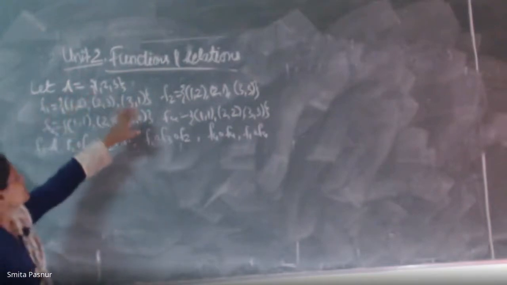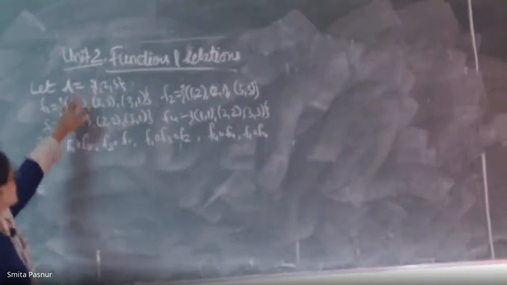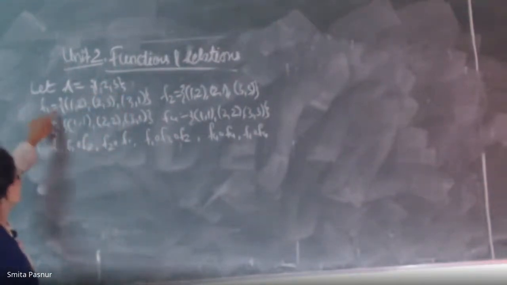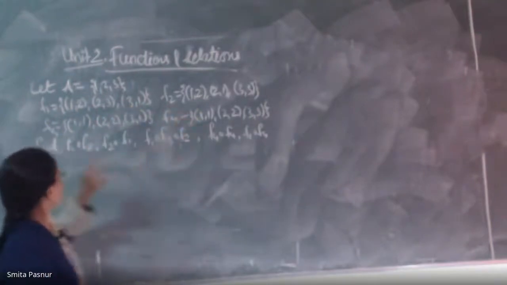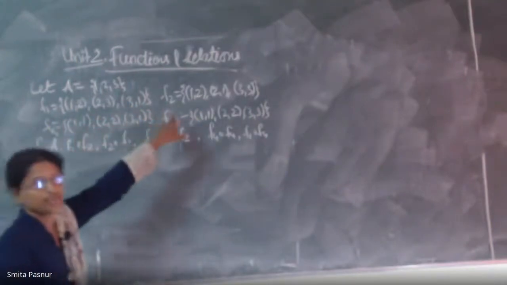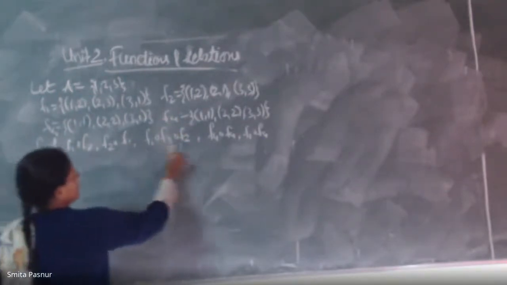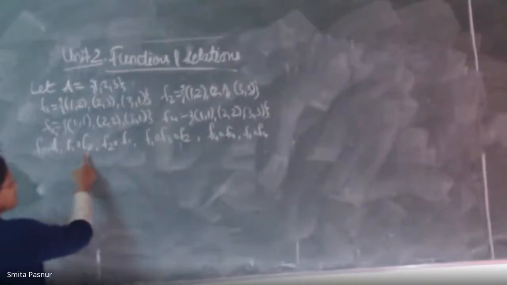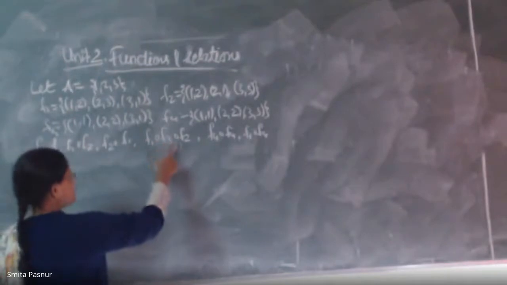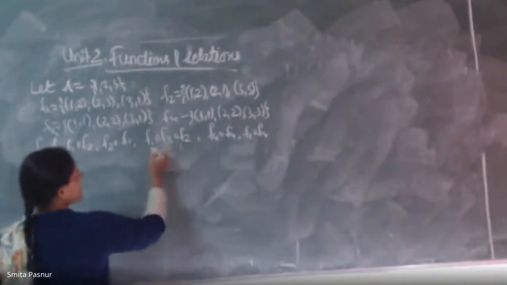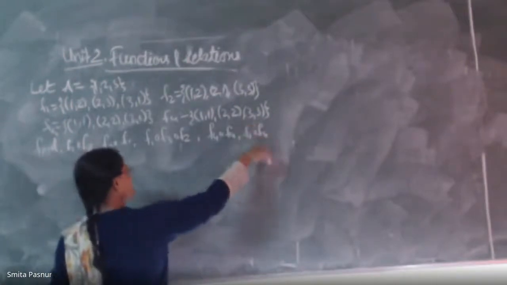Let A be 1 to 3, meaning set A is there and its elements are 1 to 3, and the relation on A is given here. Function F1 is 1 comma 2, 2 comma 3, 3 comma 1. So here is F2 relation, here is F3's relation and here is F4 relation. What we have to find is this number of compositions: F1 composition F2, F2 composition with F1, F1 composition F3 composition F2, which is a triple composition.